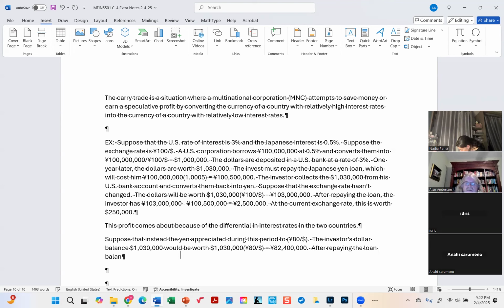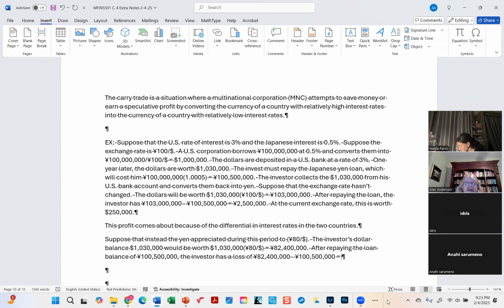Remember, it's 100,500,000 yen. The investor has a loss. Oh my God, they actually lost money. So let's see how much that is. 82 minus, let's see, 105,000,000.